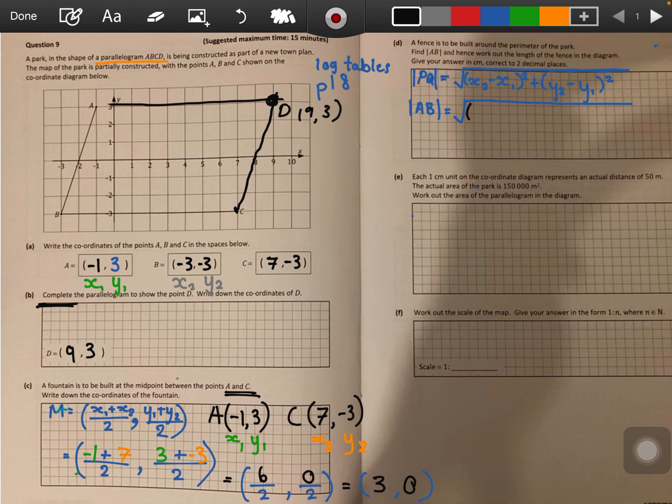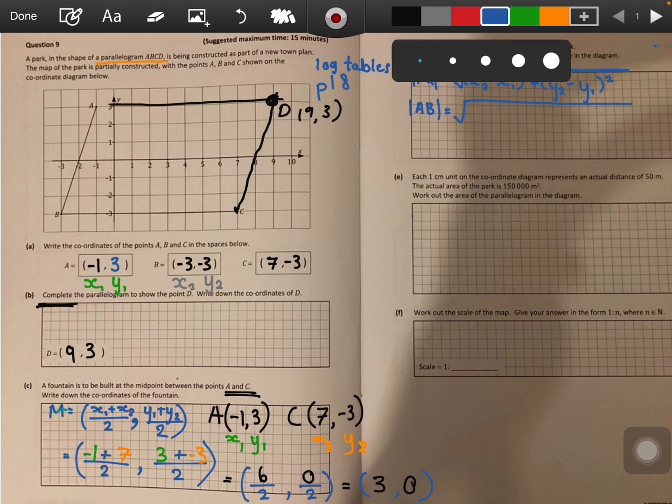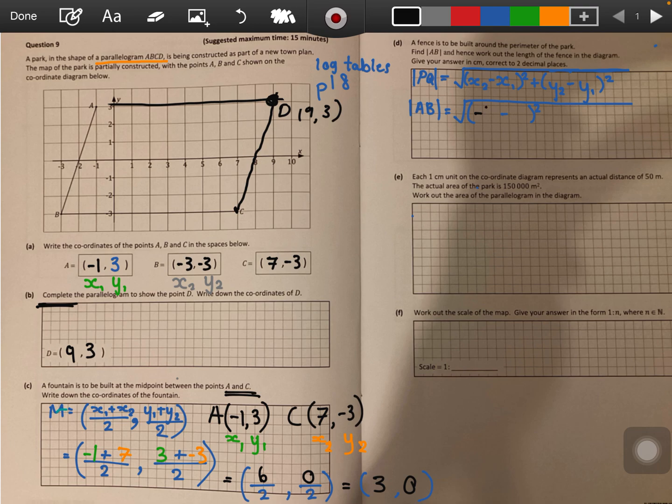So it's x2, so a -3 minus x1, so a -1, all to be squared. Plus, I'm actually going to fill some of that stuff in blue, just because I have multiple operations going on, to make it really clear. So I have a -1 there.